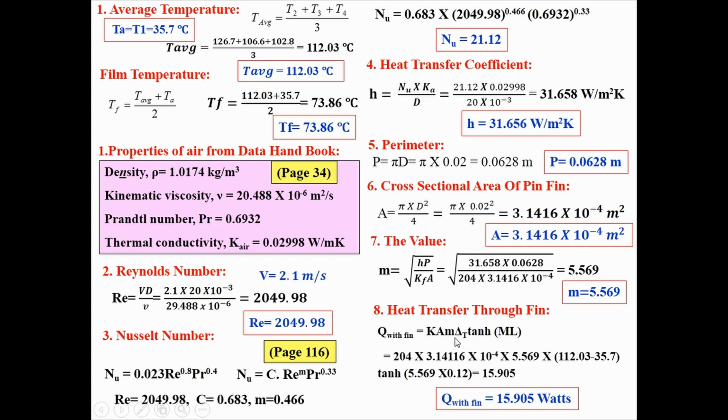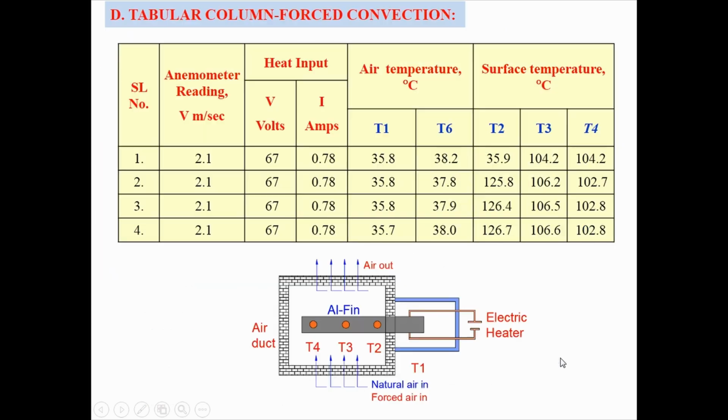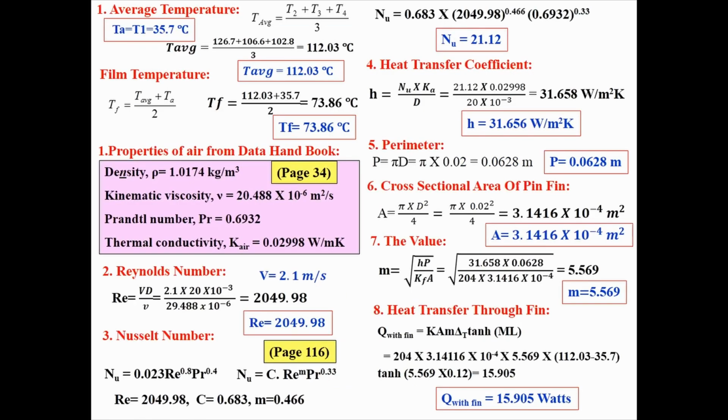Next, m you already calculated, that is 5.569. Substitute here. Tanh you have to keep as it is. One more term is there, that is the change in temperature. You can take it here: the change in temperature is 112 minus 35.7.